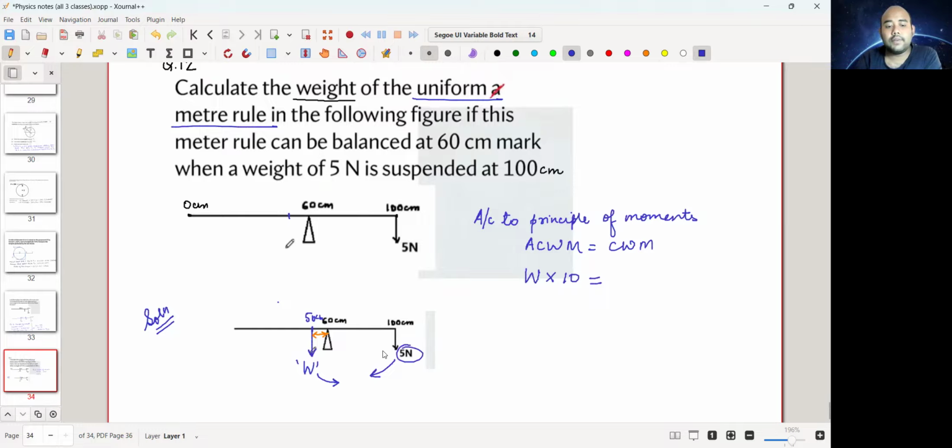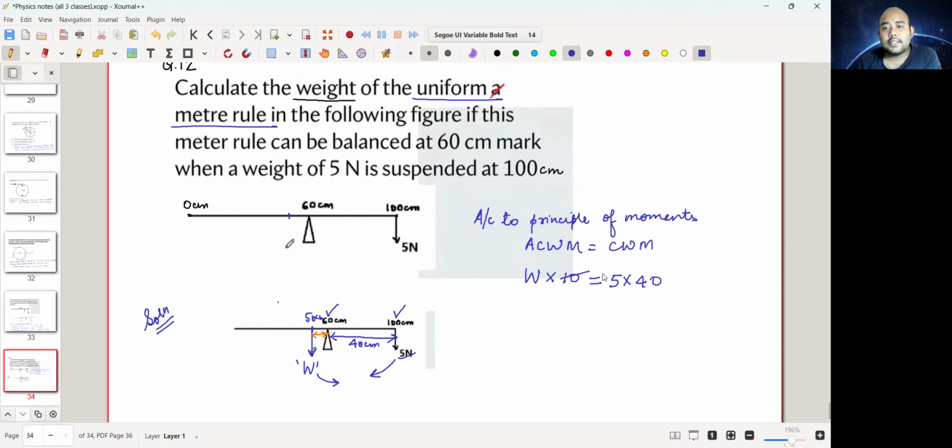Clockwise moment is because of this 5 Newton. And what is this distance? So here you have 100, here you have 60. Always we need to calculate the distance from the pivot to the line of action of force. So pivot is at 60, the force is at 100, so 100 minus 60 is 40. So this distance is 40 centimeter. So we'll multiply 5 Newton with 40 centimeters.